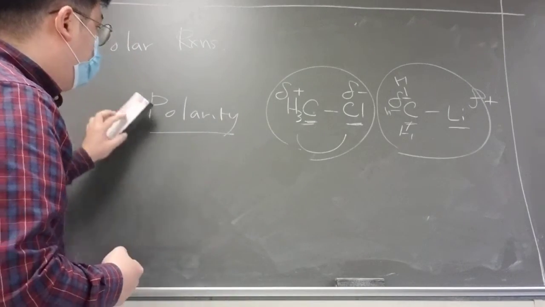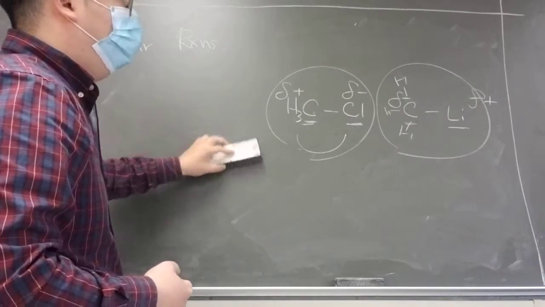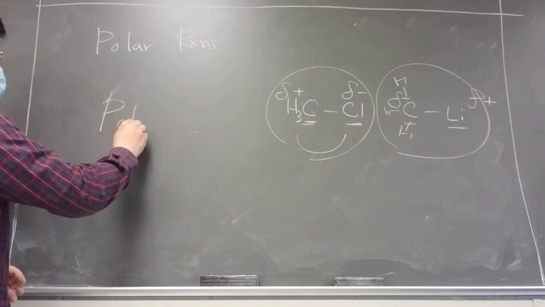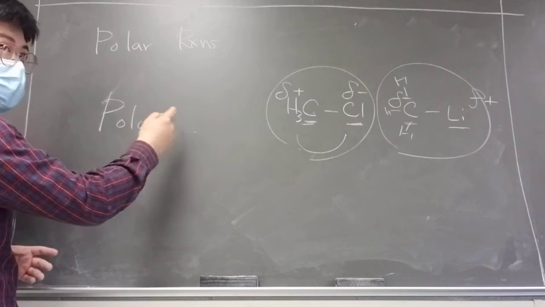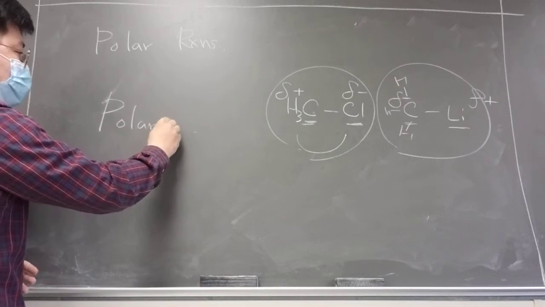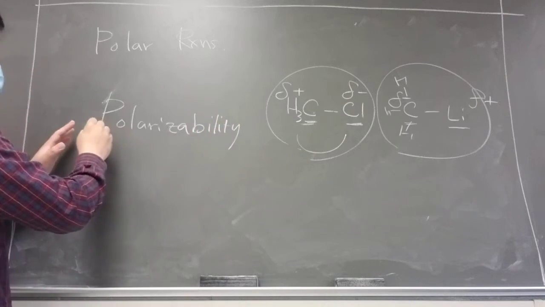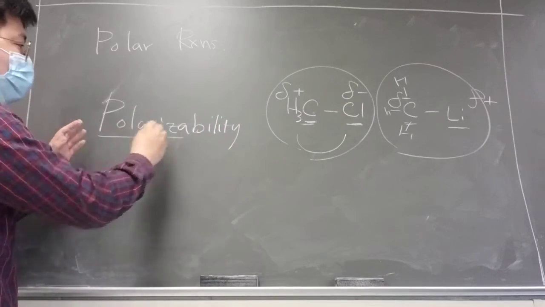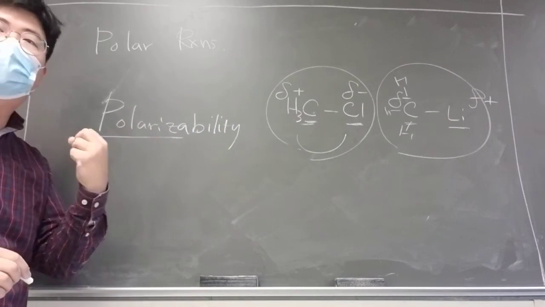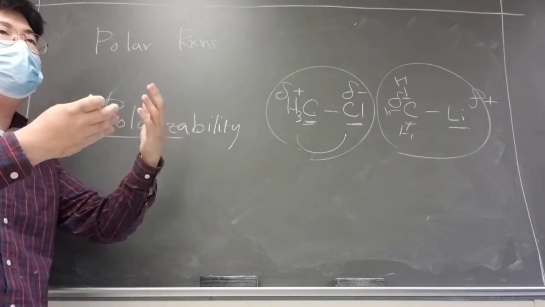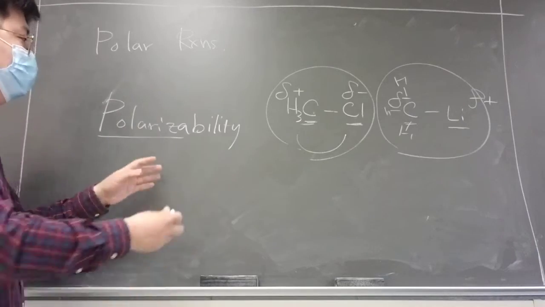So besides this polarity, there's one more thing I want to tell you, and that is polarizability. So literally what it says is polarized: not themselves being polar, but they're kind of forced to be polar by something else.